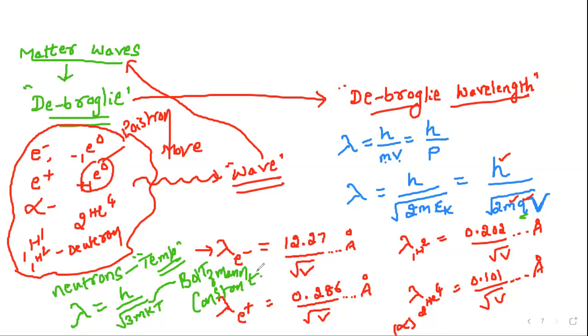Clear? And please don't consider photons, because a photon travels with the speed of light and it is electrically neutral. We cannot discuss the de Broglie wavelength for photons.